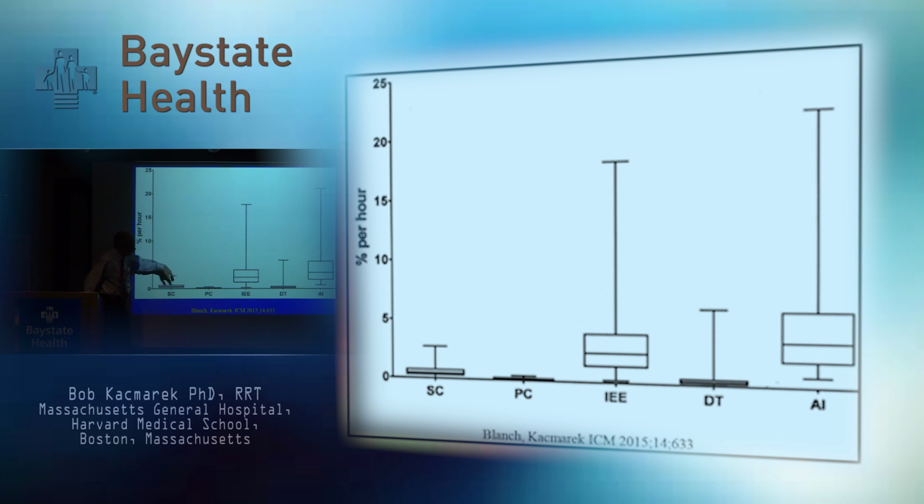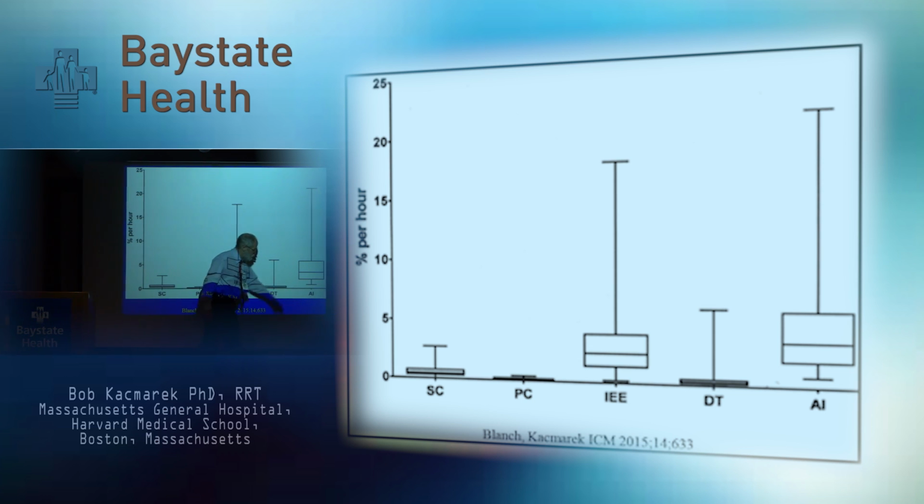This is the percentage of the different types of asynchronies we analyzed. Inspiratory time of the ventilator shorter than the patient's inspiratory time. Inspiratory time of the ventilator longer than the patient's inspiratory time. Mistriggering, double triggering, overall asynchrony index.